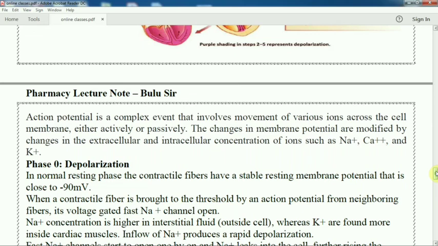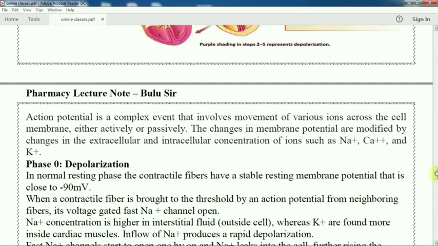So what is action potential? The action potential is a complex event that mainly involves movement of various ions across the cell membrane, either actively or passively.